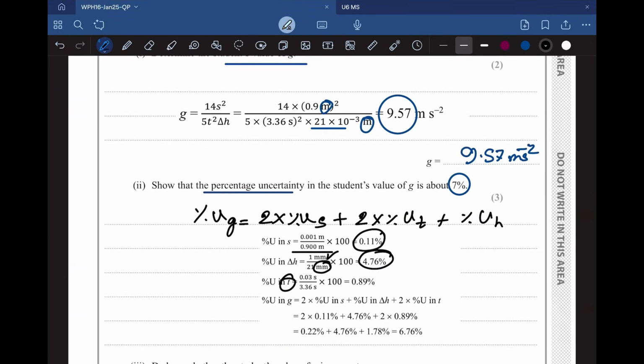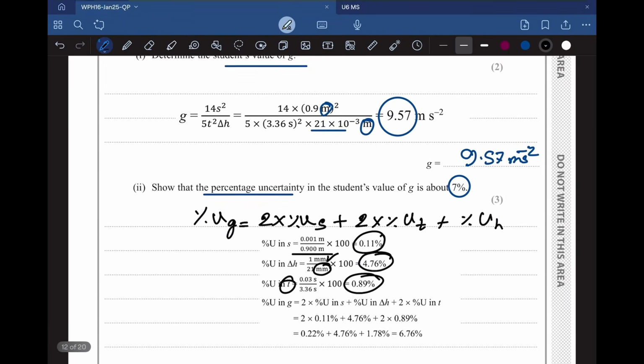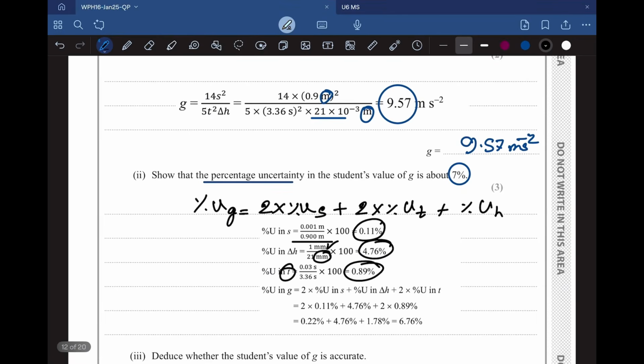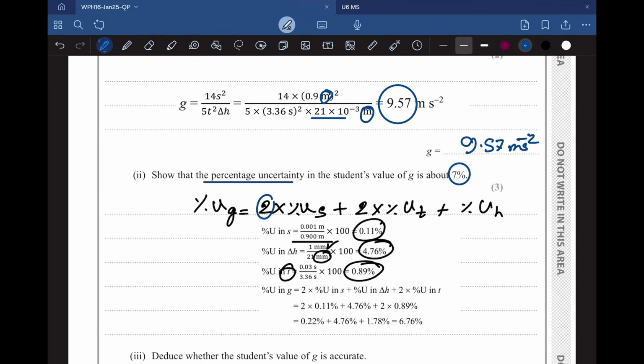And then they have figured out the percentage uncertainty in T as well by dividing 0.03 by 3.36. After figuring out all, we will multiply 2 into the percentage uncertainty of S, so 2 into 0.11, plus 2 into the percentage uncertainty of T, so basically 2 into 0.89, and then the percentage uncertainty of H. By adding all of them, we'll get the percentage uncertainty as 6.76, right?